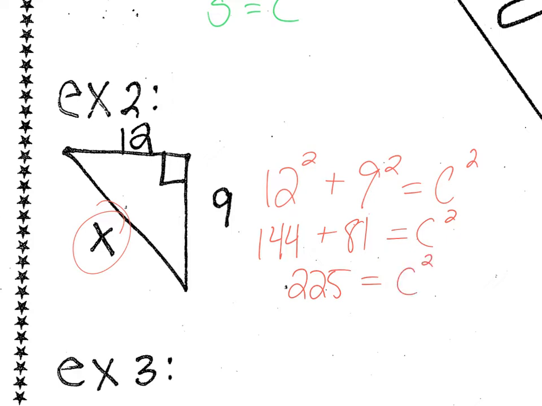Again, the opposite of squaring something is taking the square root, so I'm going to take the square root of both sides. c is equal to 15. So that's telling me that the hypotenuse of this right triangle is 15, whatever unit.